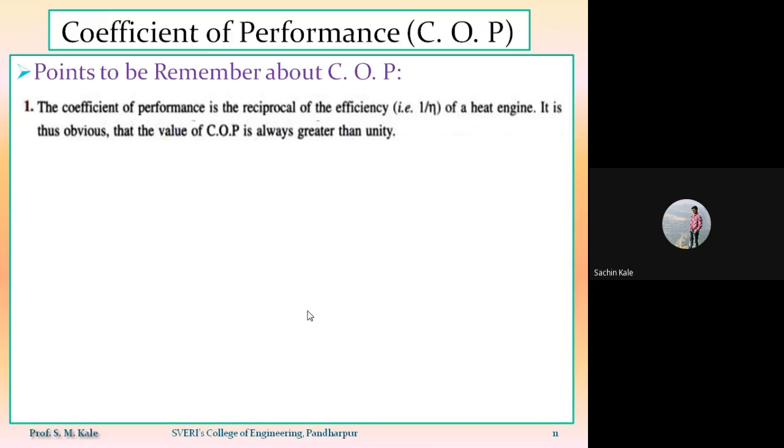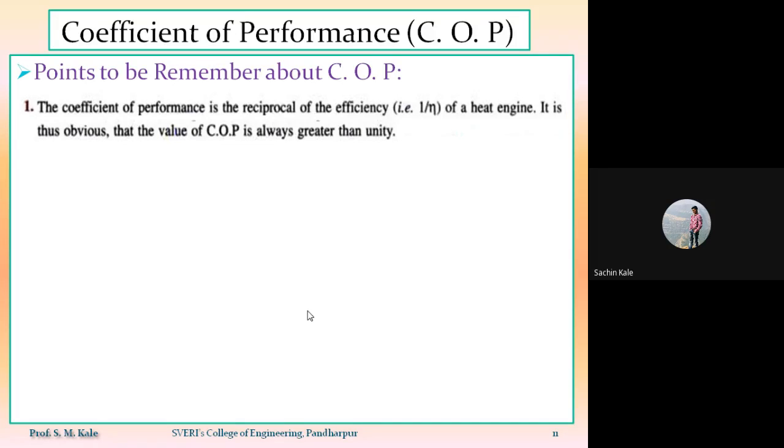We know that the basic cycle on which a heat engine works is called the Carnot cycle, and the basic cycle on which a refrigerator or air conditioning equipment works is called the reverse Carnot cycle. So refrigeration is exactly reverse of the heat engine process. So here the coefficient of performance is the reciprocal of efficiency of heat engine.